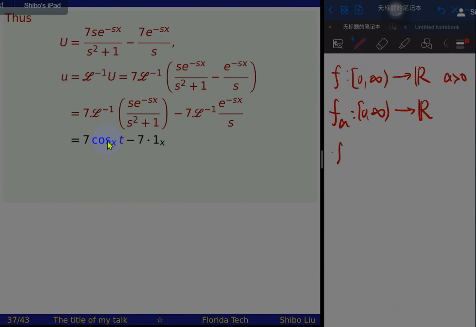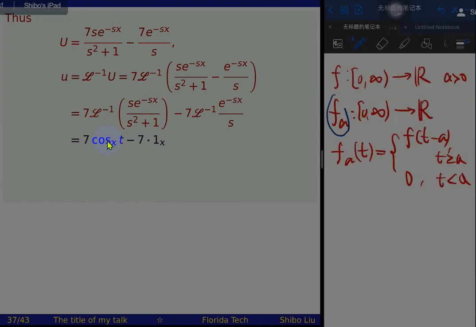The value of f_a at t equals f of t minus a if t is greater than or equal to a, and 0 if t is less than a. That is the function f_a.